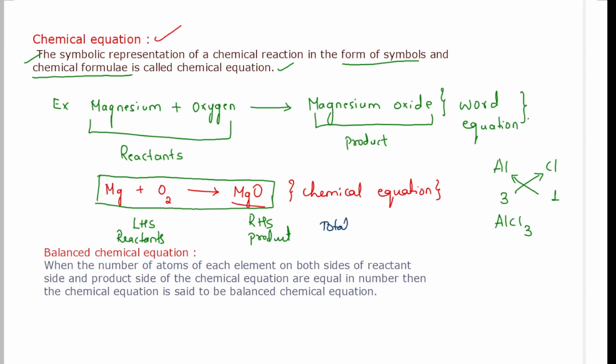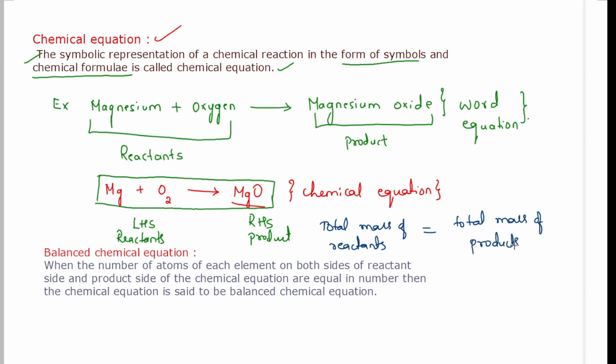Remember that total mass of reactants must be equal to total mass of products. Why is it so? Because we know that according to law of conservation of matter, it can neither be created nor be destroyed. We cannot create any mass. We cannot create any matter.